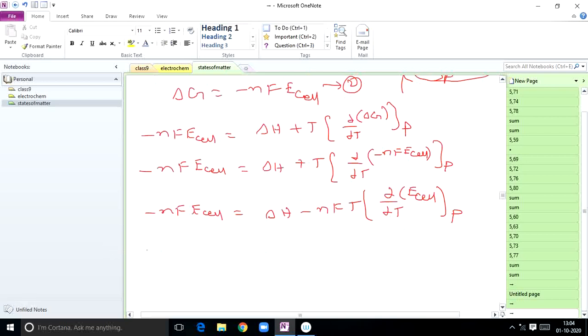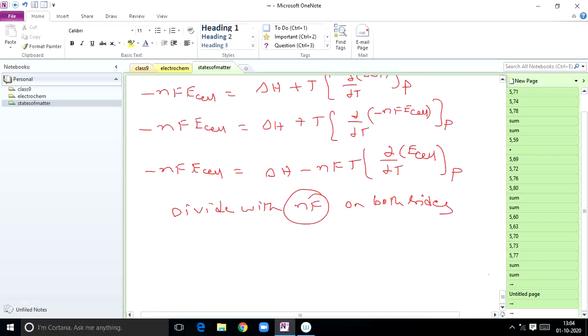So next, finally, divide with nF factor on both sides. What are you going to get? E cell is equal to delta H by nF plus T ∂ by ∂T of E cell at constant pressure.